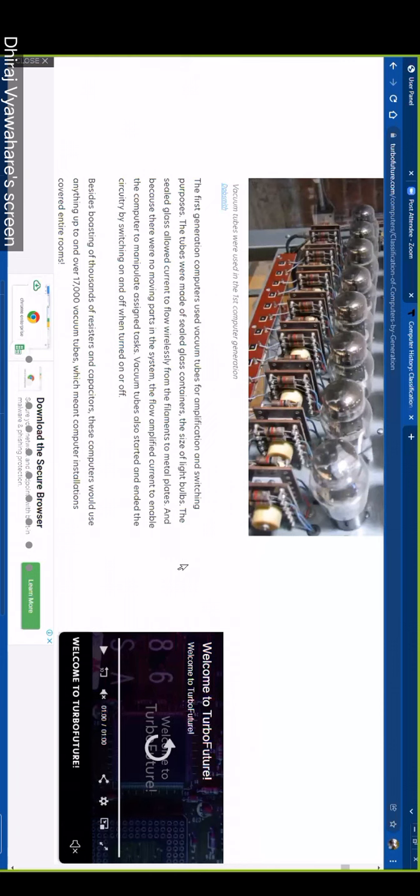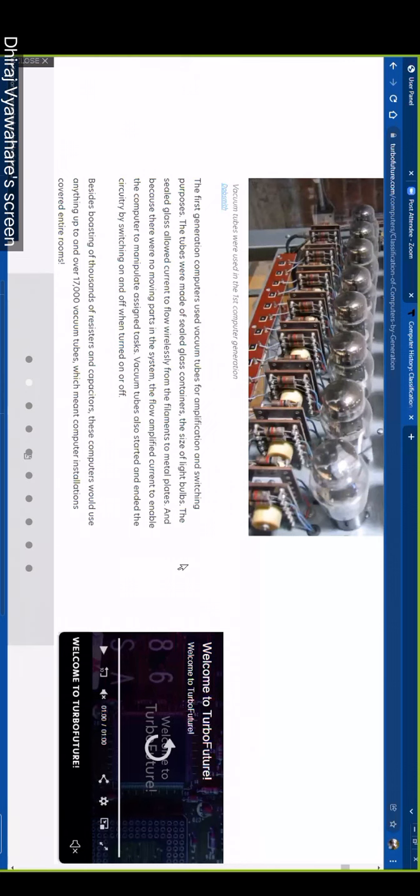The tubes were made of sealed glass containers the size of light bulbs. The sealed glass allowed current to flow wirelessly from the filaments to metal plates. So you have to remember only what? In the first generation of the computer, the vacuum tubes were used.